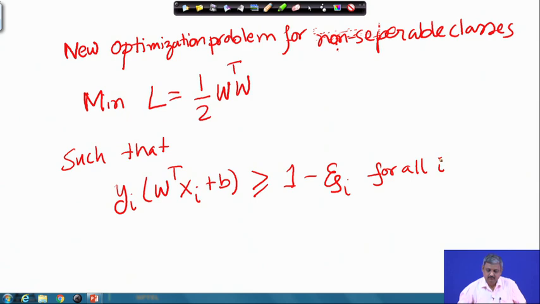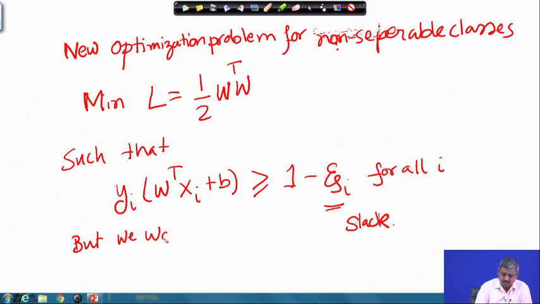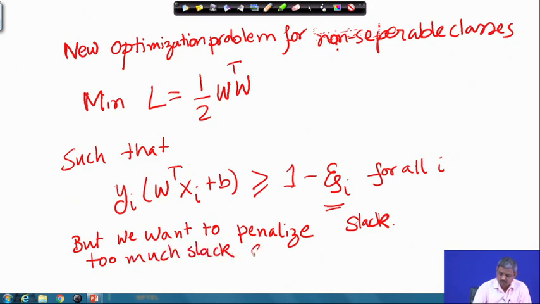So, slack. But we don't want to have too much xi i.